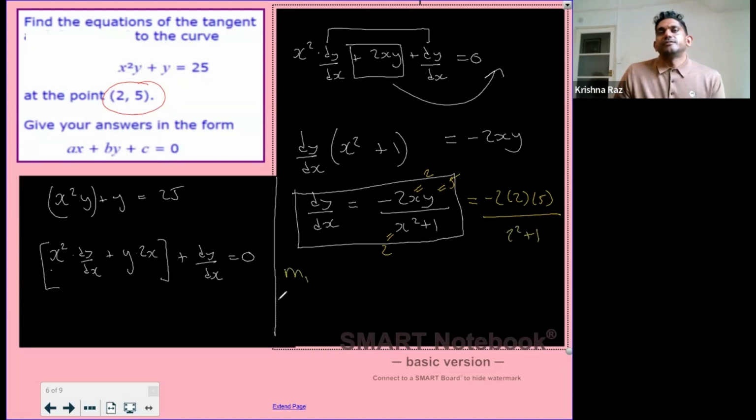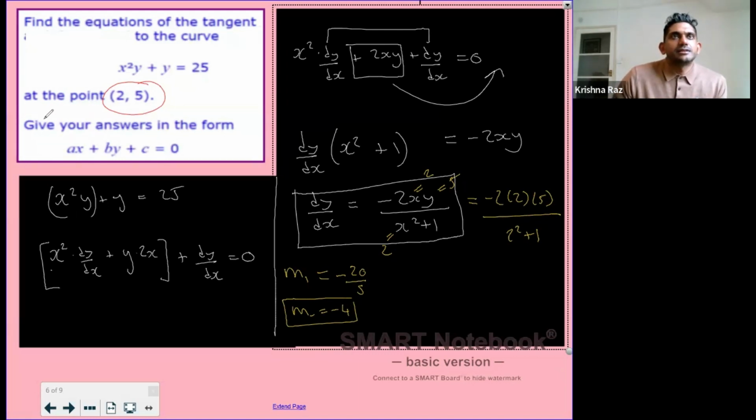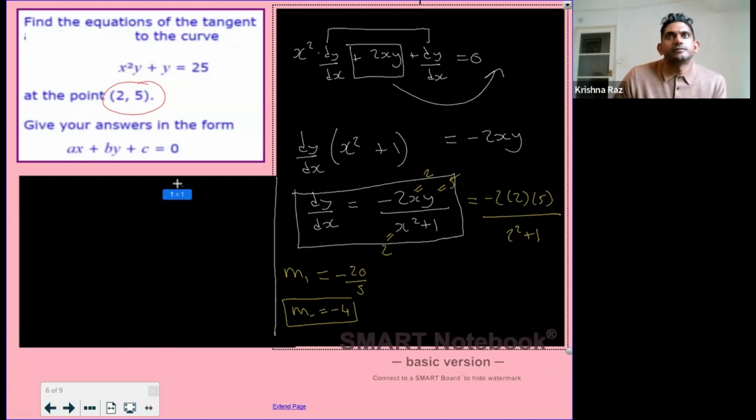So the gradient of the tangent will be minus 20 over 5, which will be minus 4. So that leaves it quite straightforward what we need to do now.